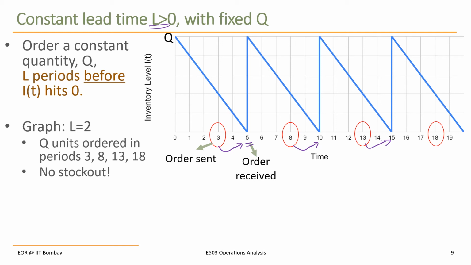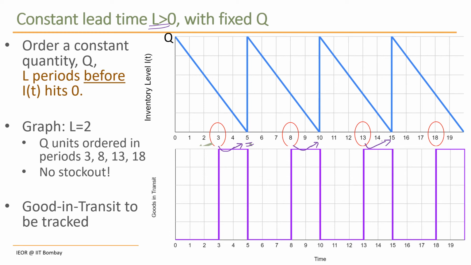Now, if you recall, the graph shown here versus the graph shown when instantaneous resupply, L equal to 0, was there, is exactly the same. So just by looking at this graph, we don't know the impact of this lead time. The best way to visualize it is to draw another graph of goods in transit.